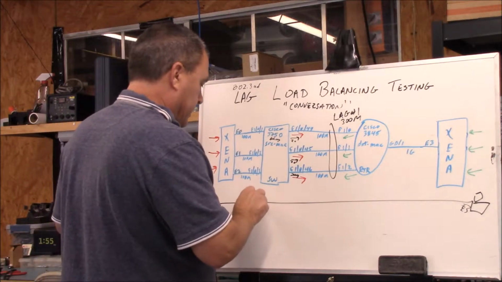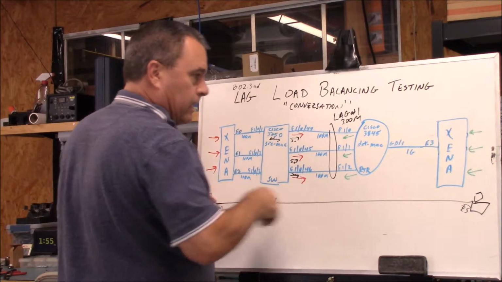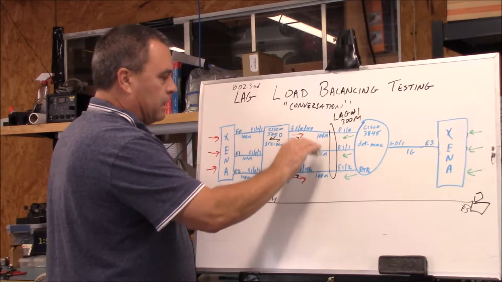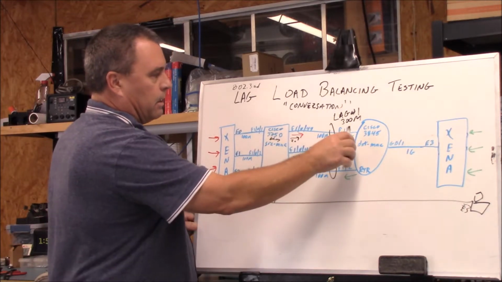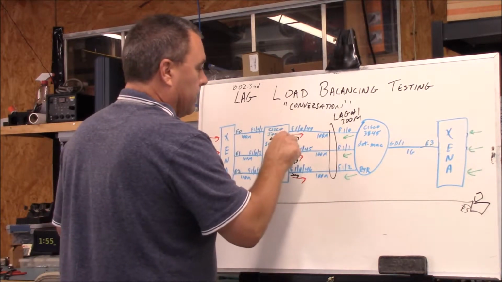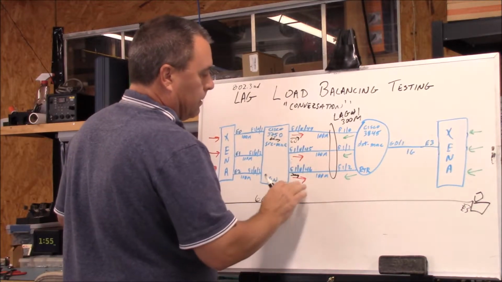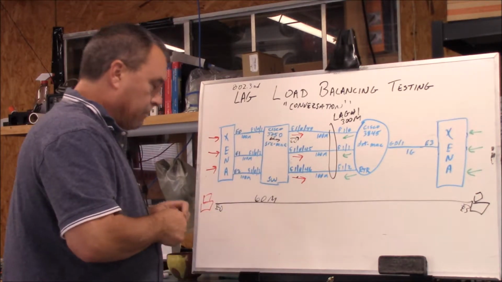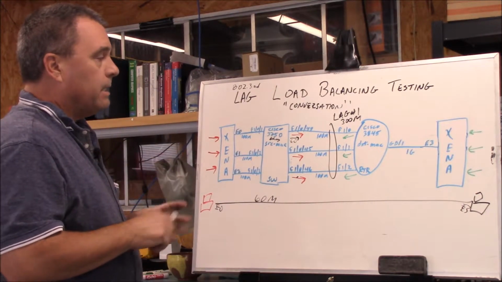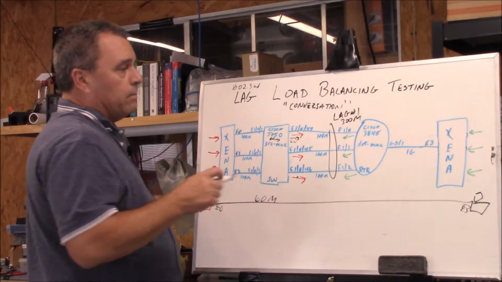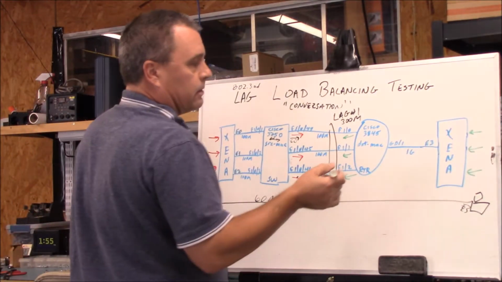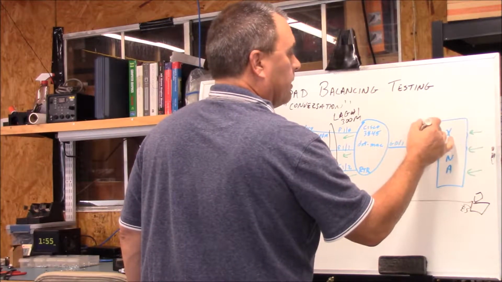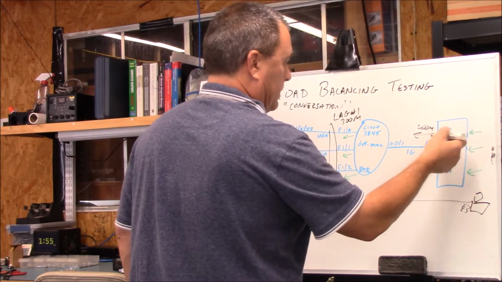So if this is the 60 meg conversation right here, let's say it's doing a file transfer or something. Like I said, it's not going to split it up into 20s going across the LAG. It's going to use one of the links and just stick all 60 meg across that. And that has some limitations that you should be aware of, because this has got a gig port right here. Let's say you start a 200 meg conversation going this way.